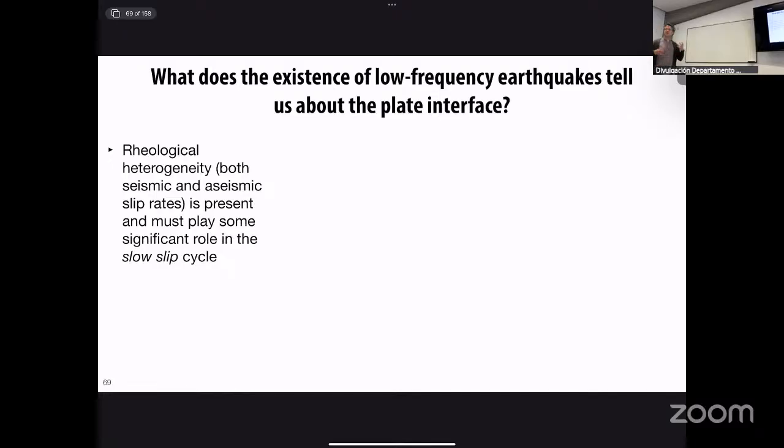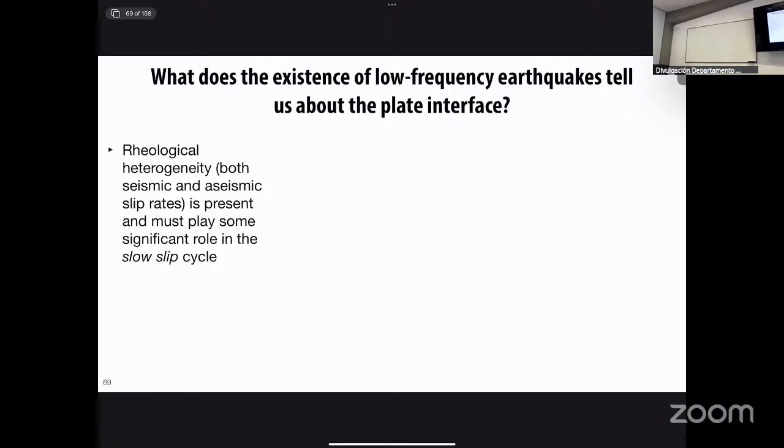So we can take a step back already and ask ourselves, what are low frequency earthquakes even telling us? Because we know that we have this geodetic information that's telling us we have these broad slow slip events that slip tens of centimeters over several weeks or months. Yet within that, we have these little tiny seismic events that happen over and over and over again.